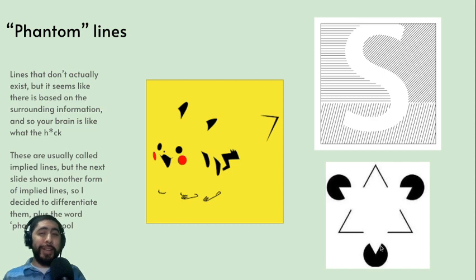We know there's not an actual triangle there, but there's an illusion of it because our brains are sort of tricked into seeing that based on what's implied with the information around it. Same thing with this letter, the S. There's no actual S. It's just a bunch of lines that are cut off at specific lengths. Okay, so those are phantom lines where the lines don't actually exist.